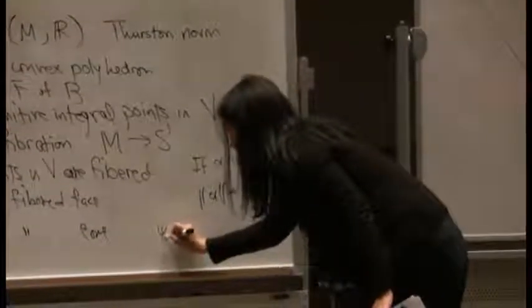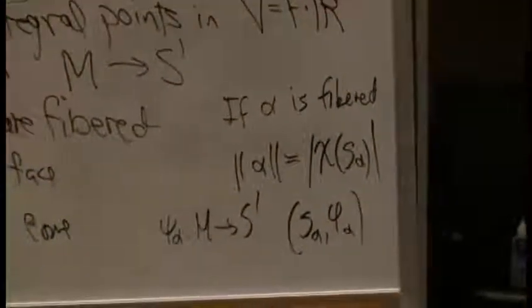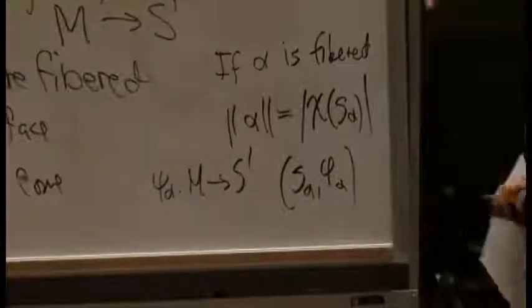So there's an associated psi alpha from M to S1, and the monodromy is some mapping class, and the norm is how far it is out. So this length here, if this is alpha, is equal to the Euler characteristic of the surface. And that is in turn, if you look at the fibered face, the denominator of the point. It's a rational point on the fibered face. It's the denominator of that point.